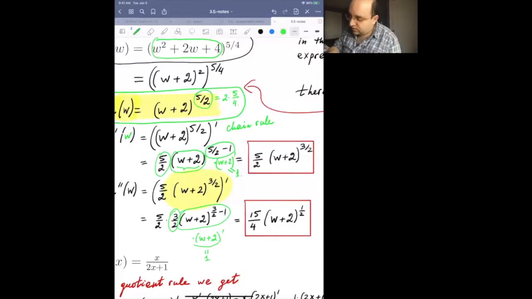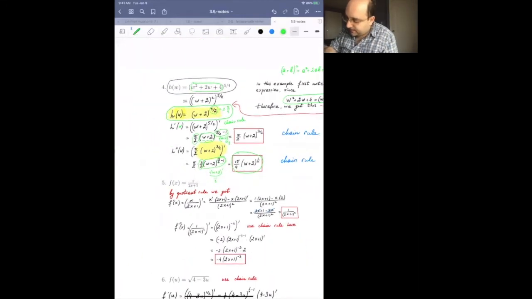So the whole thing becomes 5 times 3, which is 15, over 2 times 2, which is 4, and then I have (w plus 2) to the power 1 half, since 3 halves minus 1 is 1 half.